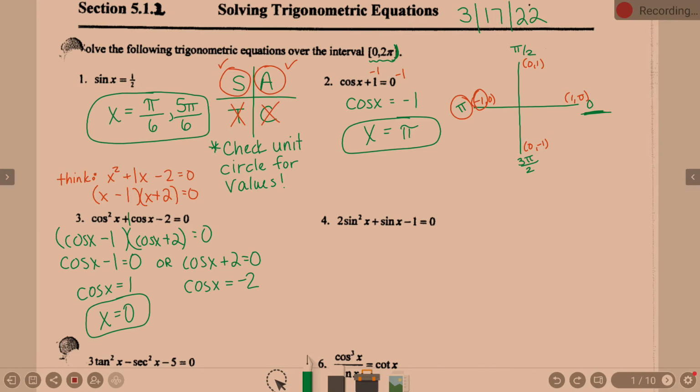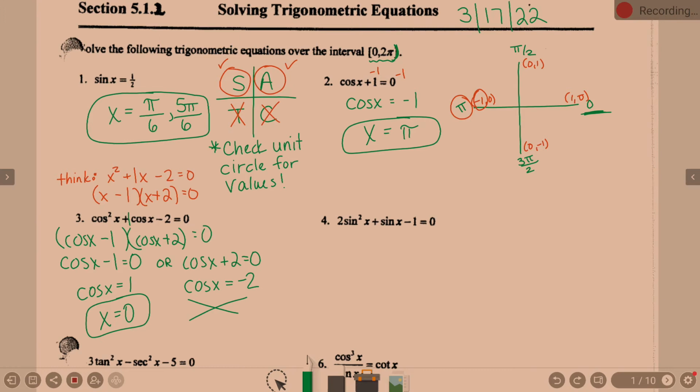Think about your cosine curve. When does cosine go to a level of negative 2? What's a typical cosine curve do? Typical cosine curve, if it's not stretched or anything, goes up and down between 1 and negative 1. Does it ever go down to negative 2? Not a typical cosine curve. This answer is not possible.